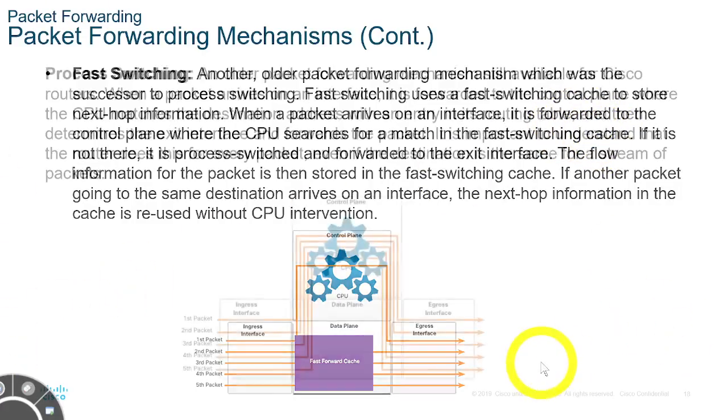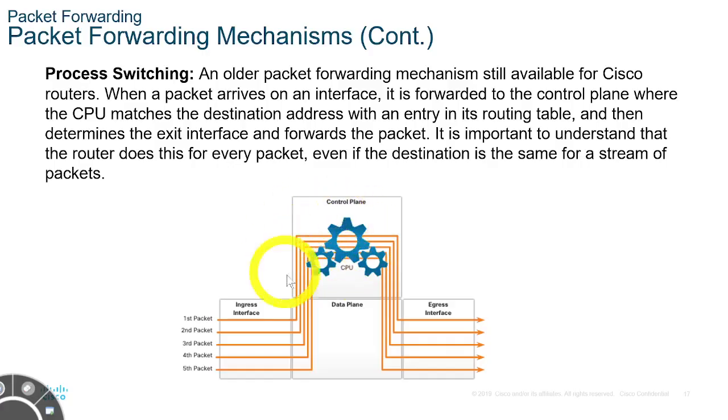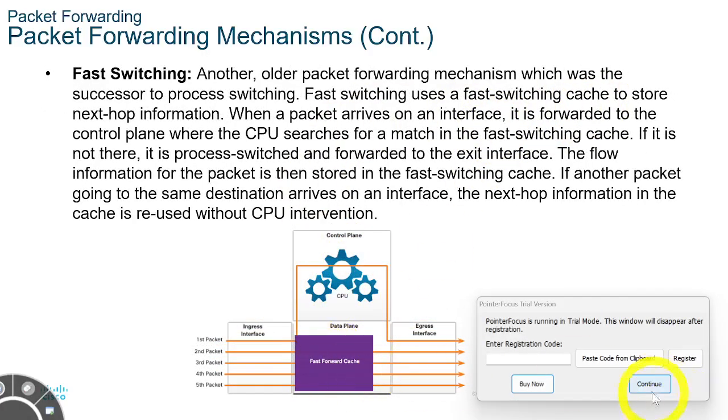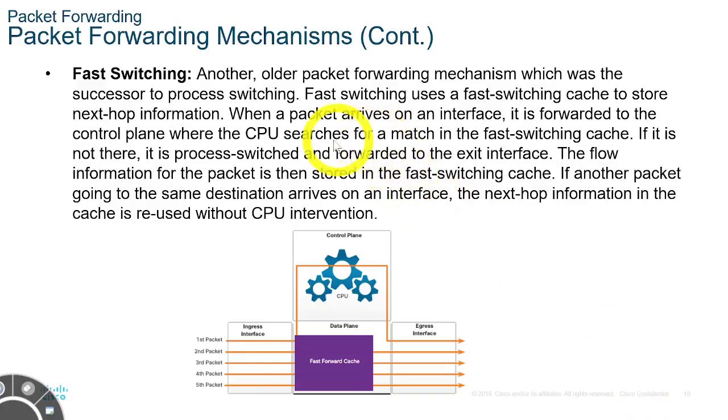So there, in the routing table, right? Here, it searches in the fast switching cache. Search for a match in the fast switching cache.